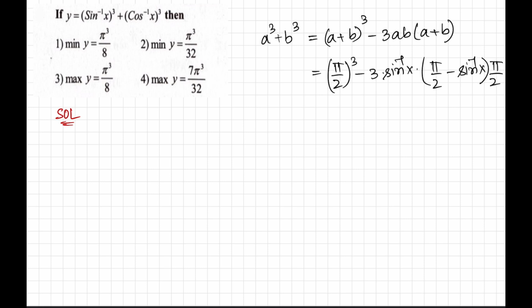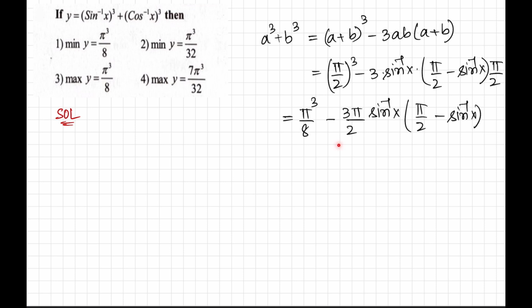So let us simplify this. This becomes pi cube by 8 minus 3 pi by 2 into sin inverse of x into pi by 2 minus sin inverse of x.